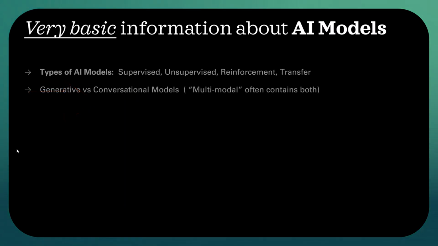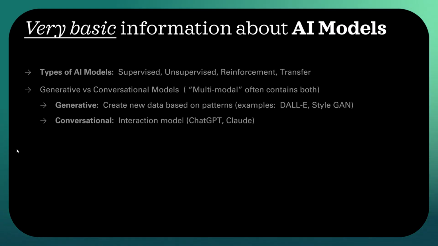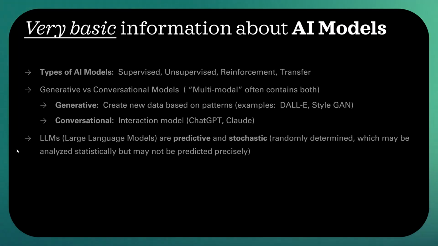Generative versus conversational models: actually, now more and more generative and conversational are combining into multimodal models that can do both. So ChatGPT also has DALL-E connected to it if you have a subscription. The difference that's worth noting is that generative can create new data based on patterns, and conversational is basically tuned based off of being trained for conversational purposes.